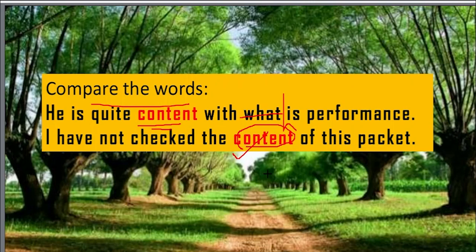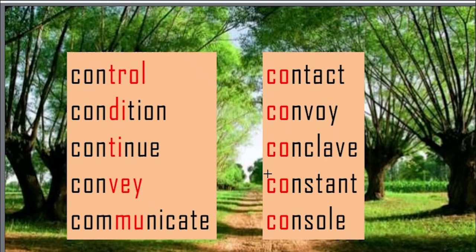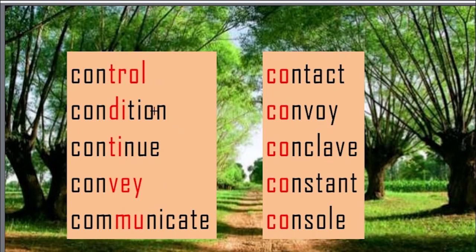Now, let us see the reason. Control, condition, continue, convey, communicate. Now, what is written in red is the accented part. So the accent is not falling on the first CON.